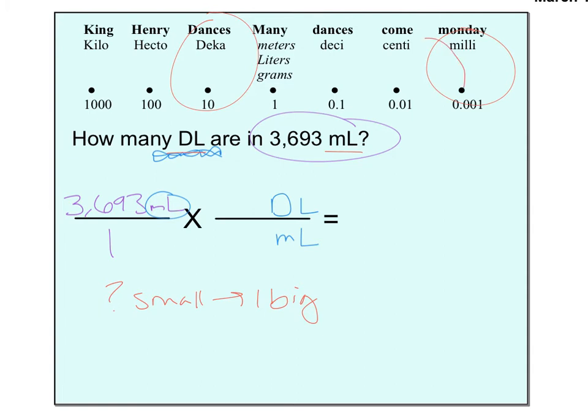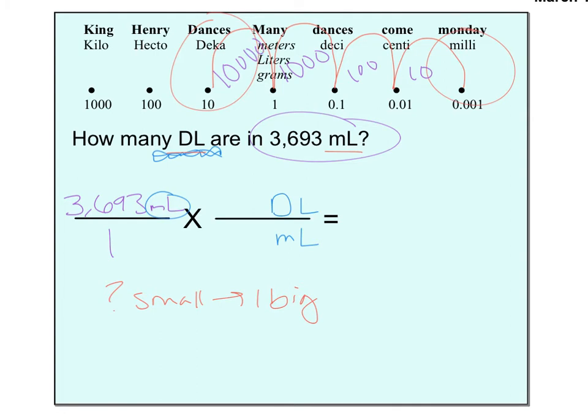So I'm going to go 10, 100, 1,000, 10,000. Do you notice how I added a 0 every single time?